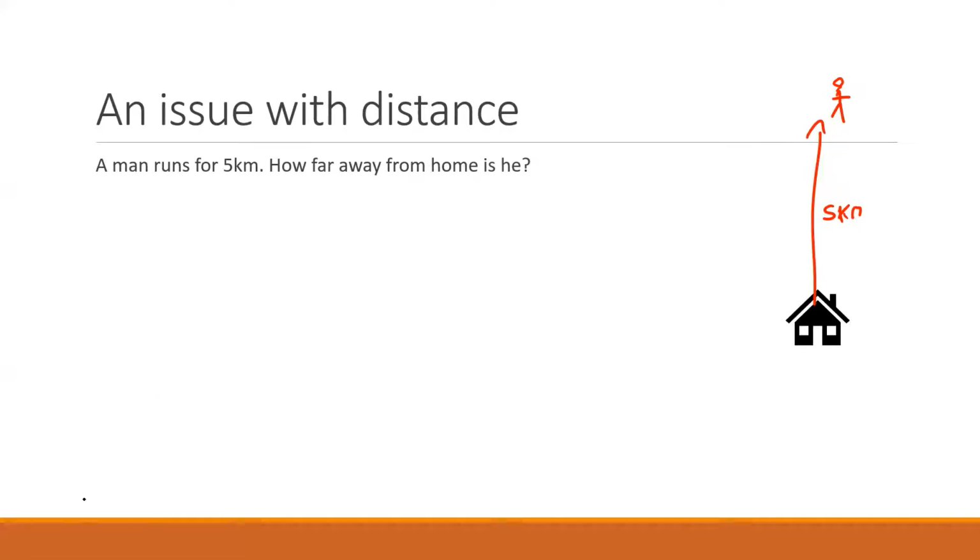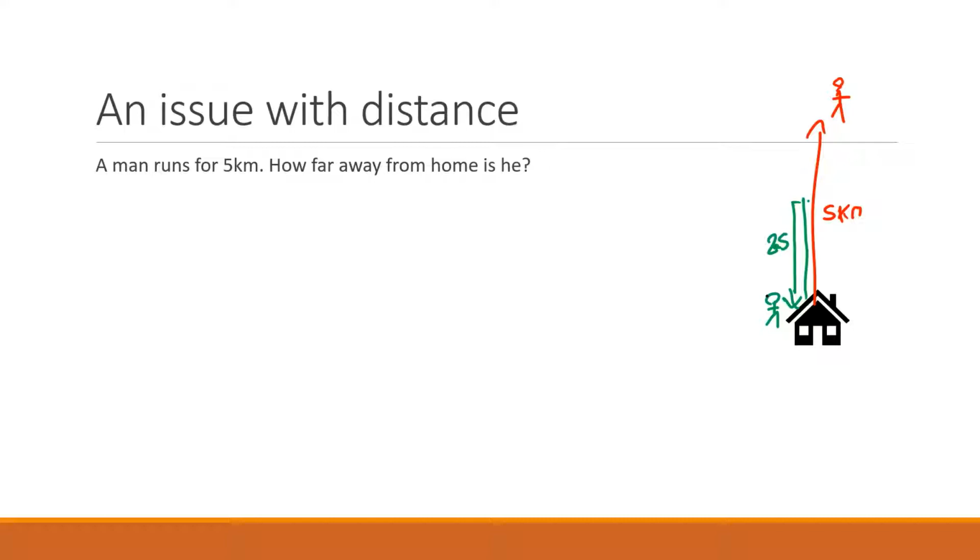What about this guy? He does this. So he runs 2.5 kilometers away from home and then 2.5 kilometers back. Can you tell me, this guy in the green, how long did he run for?